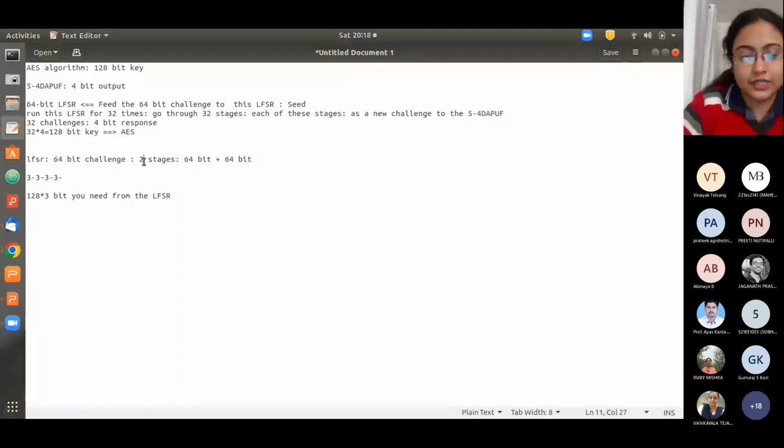Basically, you have to do 6 stages, so that's how you will get a total of 128 into 3 bits. Then you store them in an internal register, apply them 3 bits at a time to the same RO, and get the response, which is again 128-bit. Clear? Yes, ma'am.